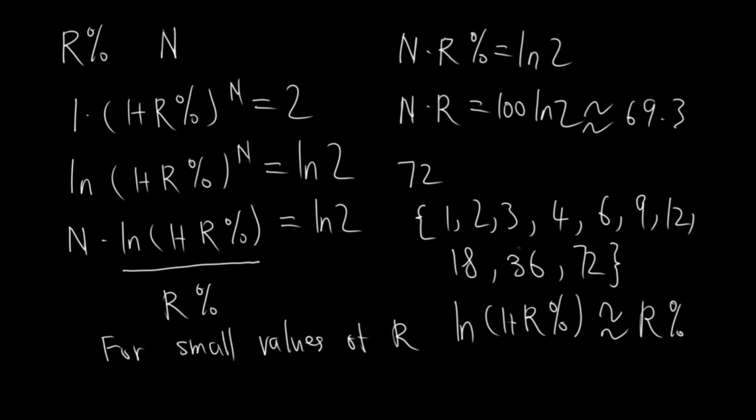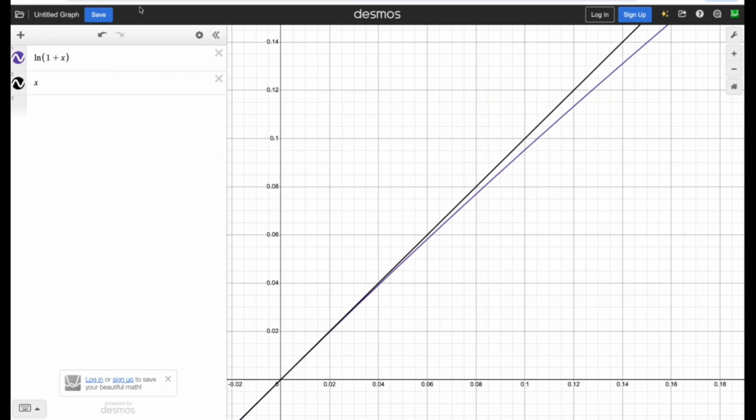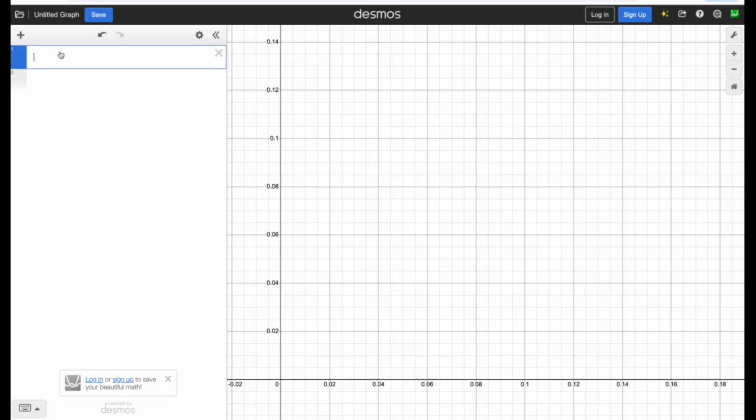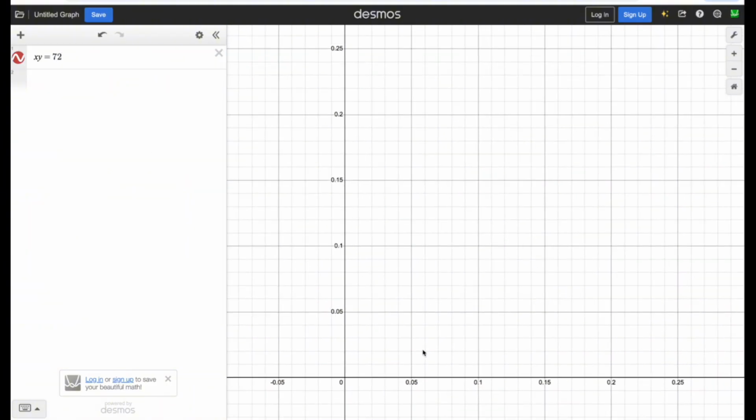So if you're interested, we can actually plot this equation, which is a hyperbola, on the graph. So x times y is roughly equal to 72.